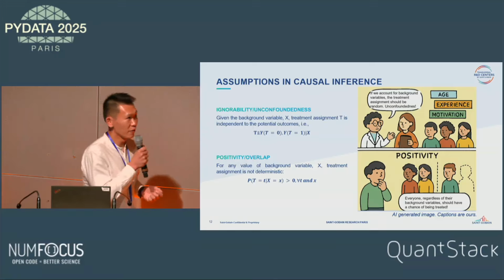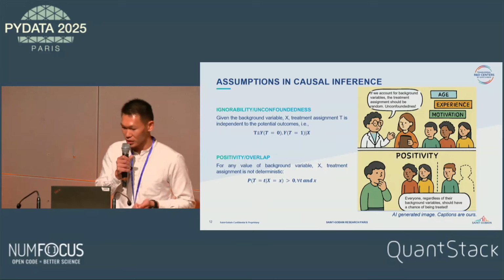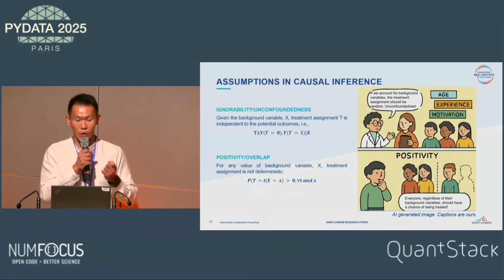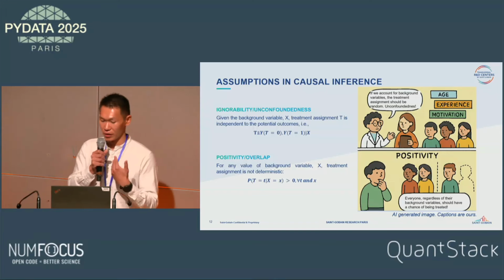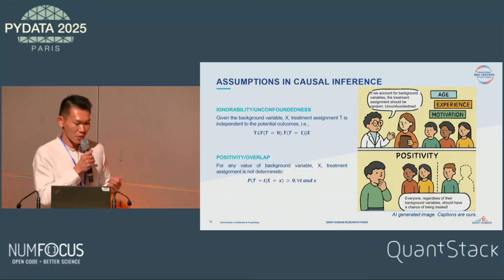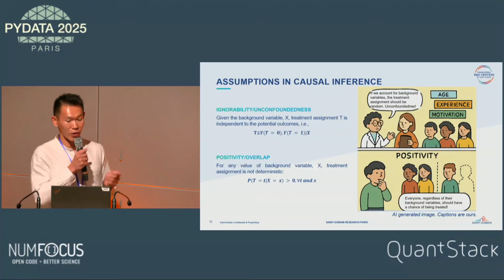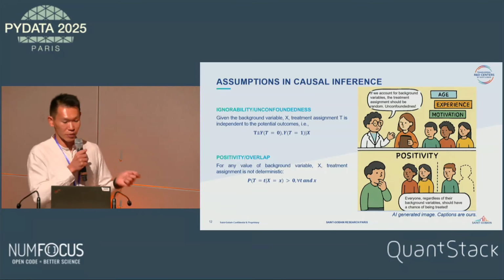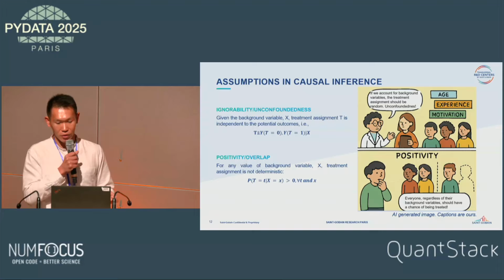And then you also have ignorability, or unconfoundedness, where the treatment assignment should be randomly distributed to all, regardless of the background variables. And this leads to positivity, meaning that for each background variable, you should have the treatment assignment of being treated or not.